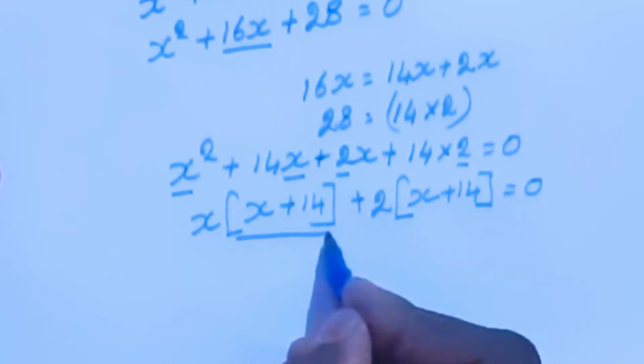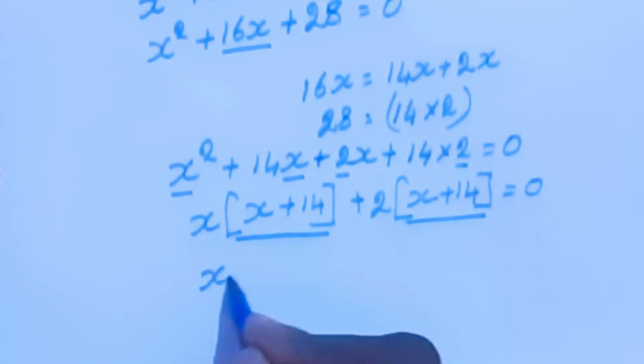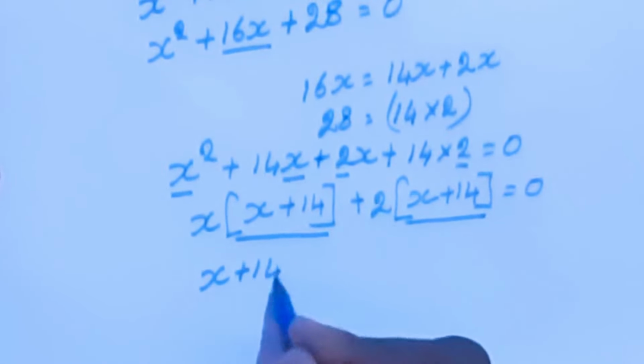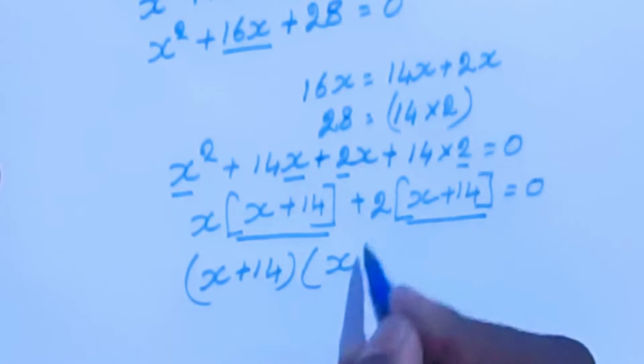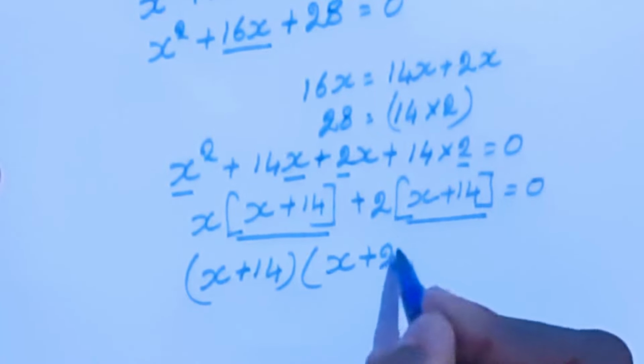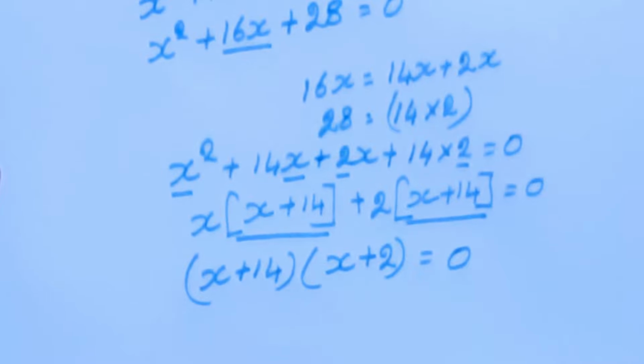Now we have x + 14 common. So (x + 14)(x + 2) = 0. Now we are able to see two equations here.